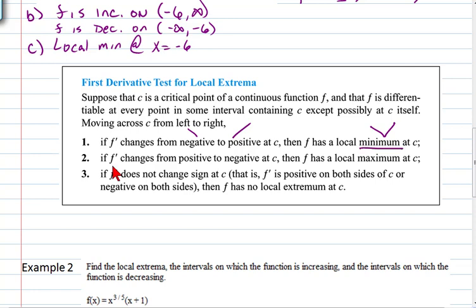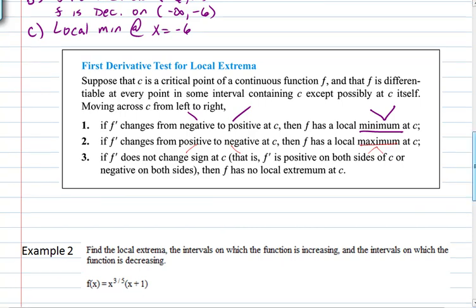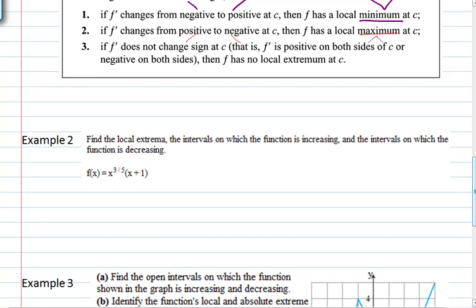If the derivative changes from positive, which is increasing, to negative, which is decreasing, we have a local maximum at C. If the derivative does not change signs at C, which is what you were asking about, that is, the derivative is positive on both sides of C or negative on both sides of C, then we say that it has no local extremum at C. We're going to discover later on that point may be a point of inflection. Okay? Just kind of giving away the ending here.